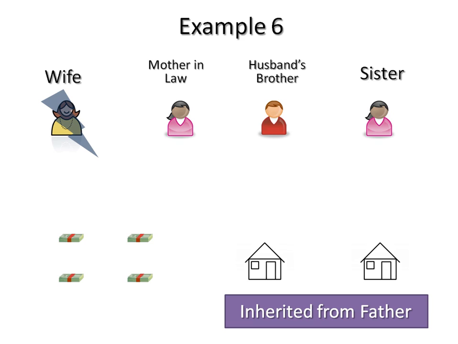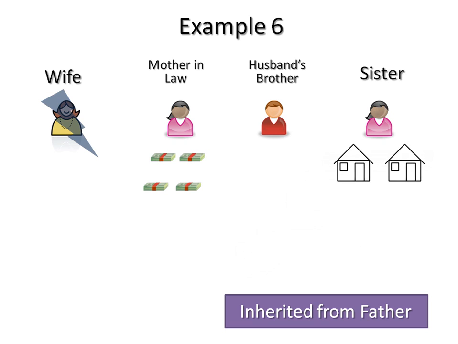And that would be her mother-in-law, that is the mother of her husband. So all this wealth will go to her. And if you talk about the houses, because they were inherited from the father and there is no one in the first layer, all of that will go to the legal heir of her father, that will be her sister.